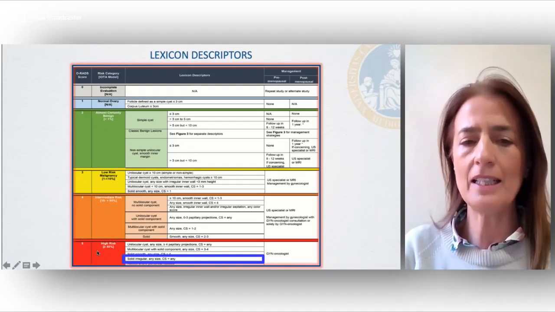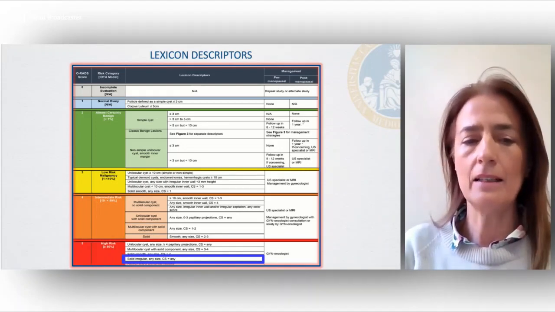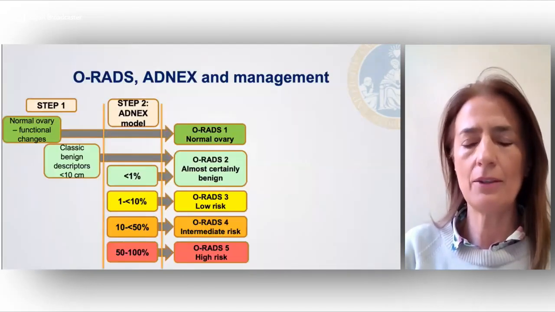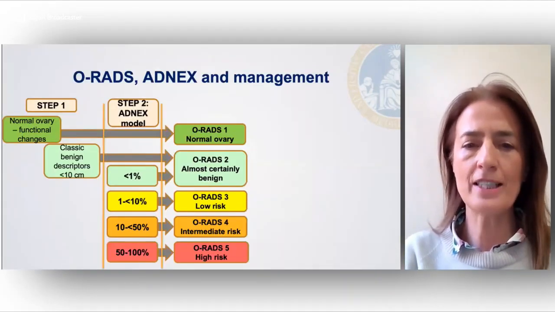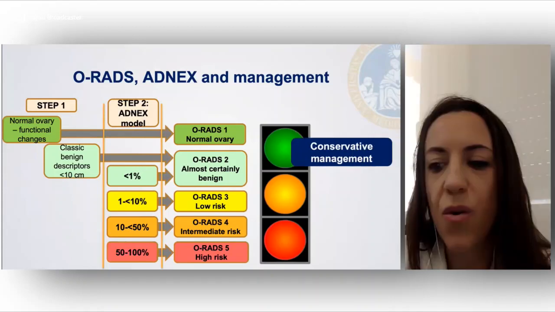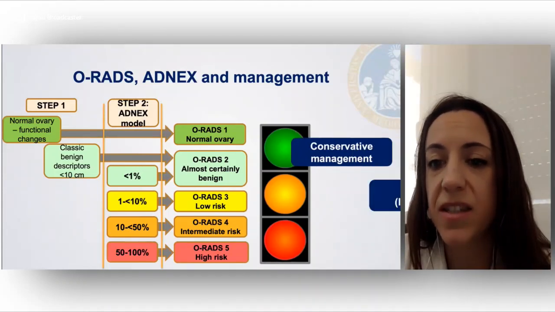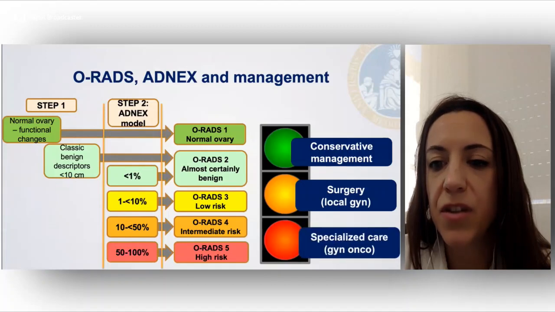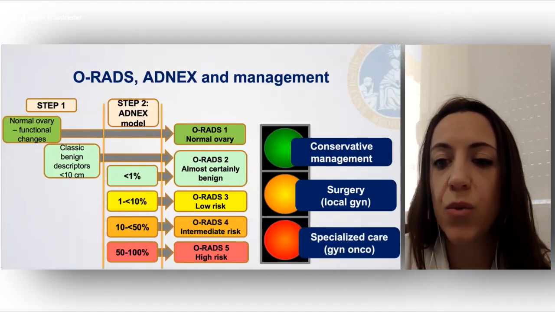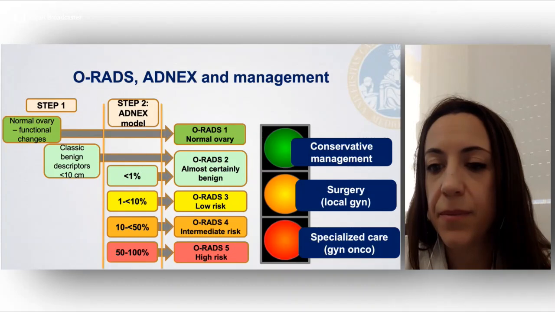Solid, irregular, any size, color score any. So again, very high risk. And so, according to the management suggested by the O-RADS system, the patient should be referred to specialized care.